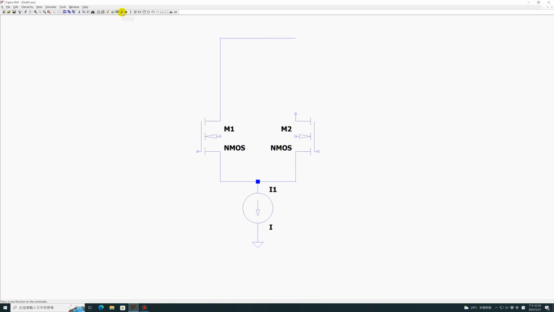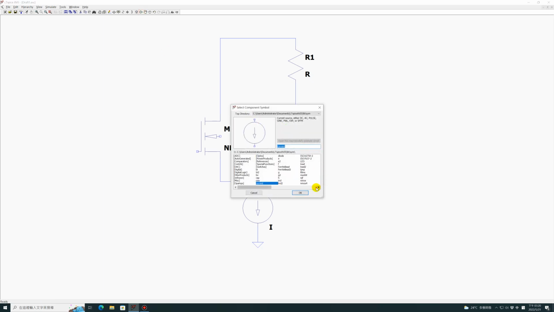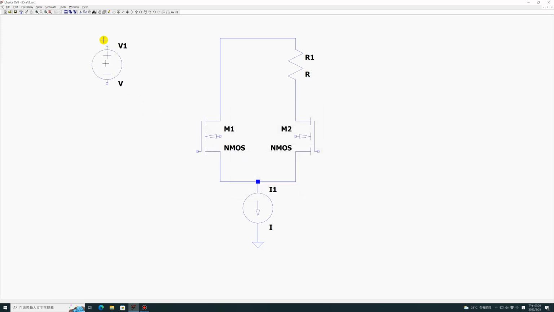And there's a load resistor here. And how about the power supply for the differential stage? You just take a voltage source, put it aside and put a ground, and again you put a connection wire here.